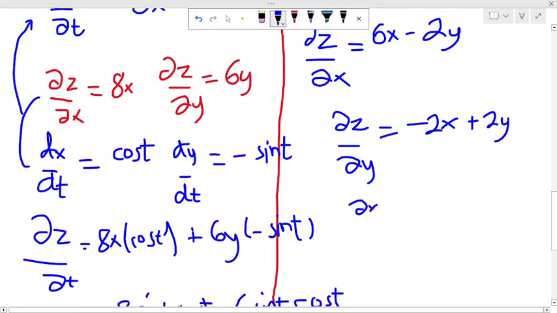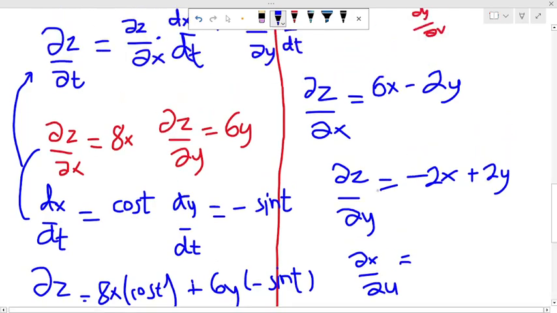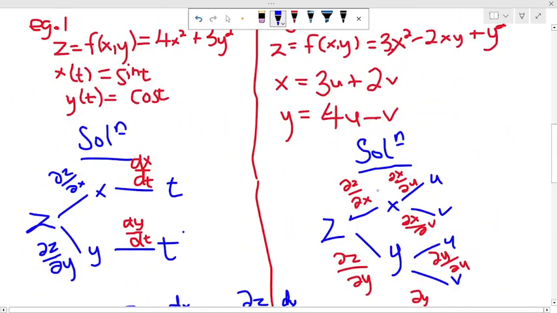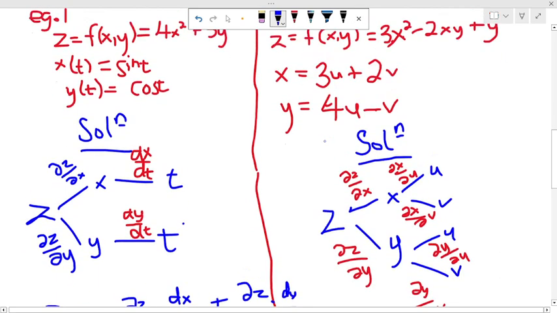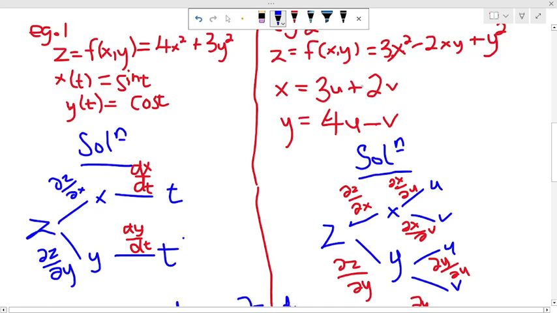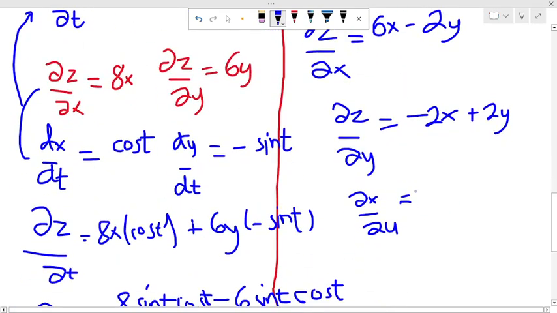Okay, now let's find the partial derivative of x with respect to u. So now with the x expression, we have 3u plus 2v. Now differentiating with respect to u, that means our v becomes 0. Now differentiating 3u, we end up getting 3.